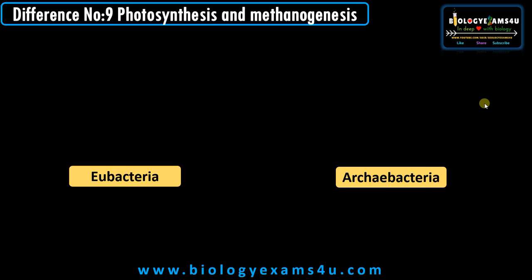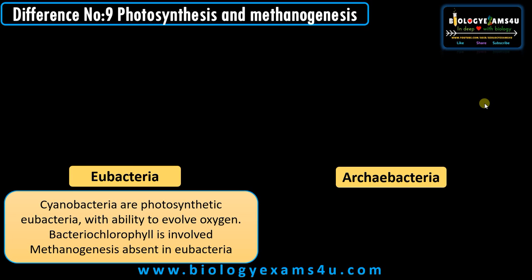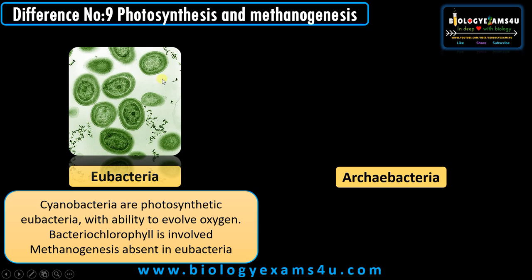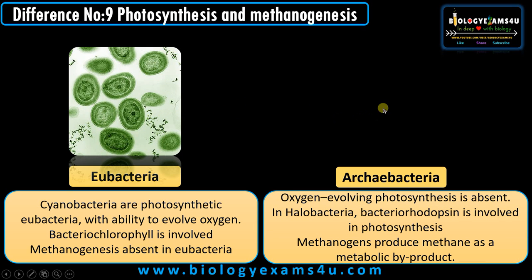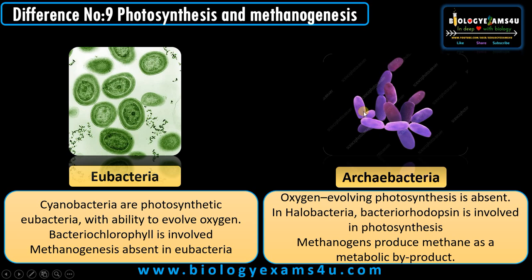Difference number 9, photosynthesis and methanogenesis. In Eubacteria, cyanobacteria are photosynthetic eubacteria with the ability to evolve oxygen just like green plants. Bacteriochlorophyll is involved in the process. Methanogenesis is absent in Eubacteria. Whereas in Archaebacteria, oxygen evolving photosynthesis is absent.